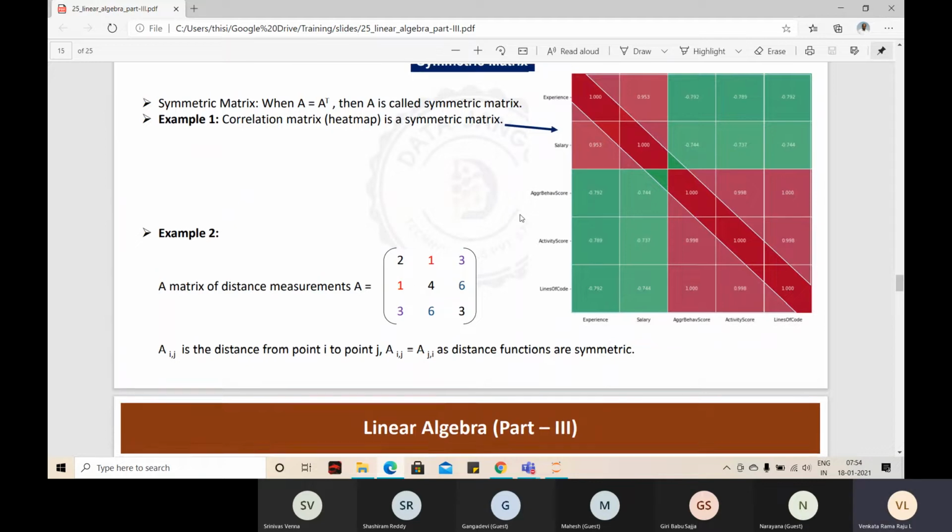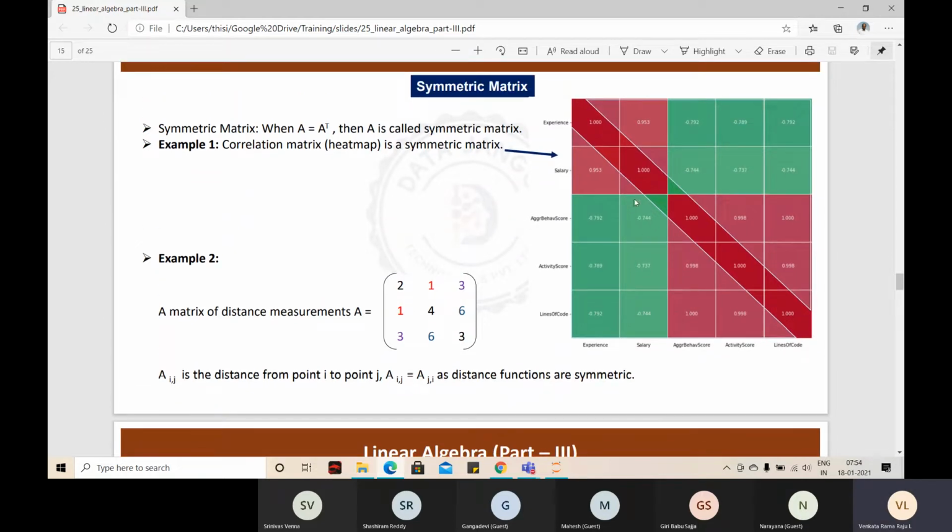If the matrix is a correlation between different columns, the eigenvectors will have the strength in the correlation. If the matrix is the distance between different cities, then the eigenvector will have the strength in the distances.